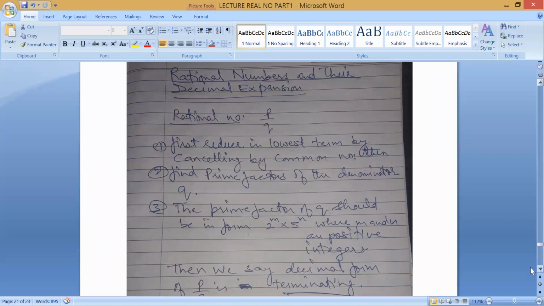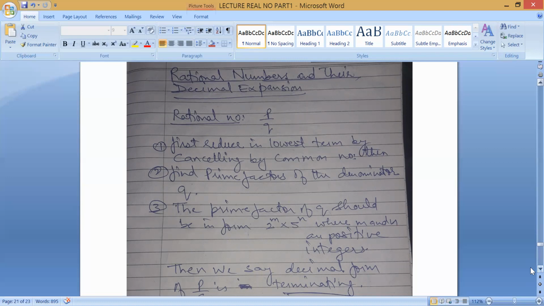I have explained irrational number decimal expansion, and the irrational number decimal expansion is what? That is non-terminating, non-repeating. But when we talk about rational numbers and their decimal expansion, a rational number is what? P upon q. Now p upon q is there and you have to find out the decimal form.